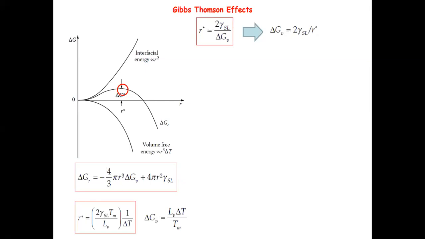So if we assume that we have a spherical nucleus, and we define this delta GV as the free energy difference between the liquid and solid state per unit volume, then this first term here is the total bulk free energy reduction. So this whole term together is the bulk free energy reduction, right?